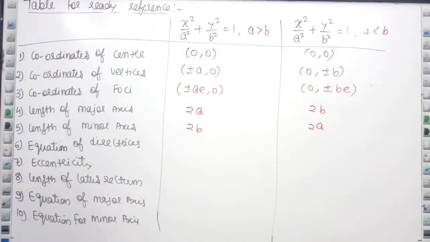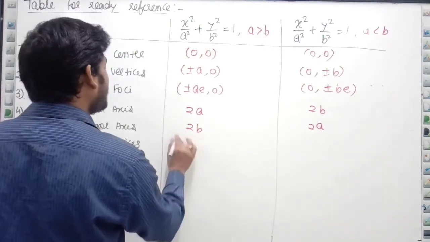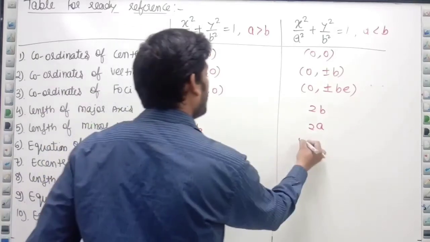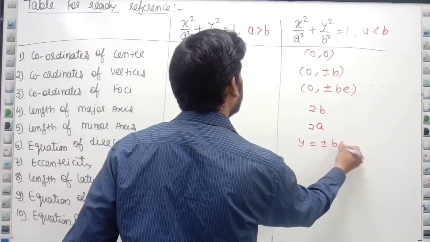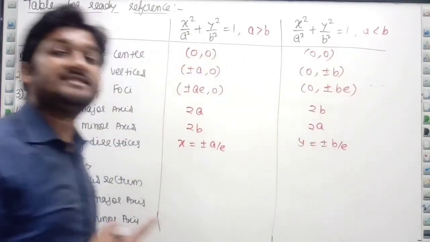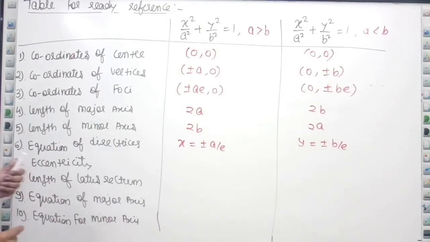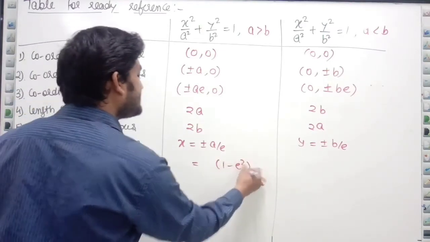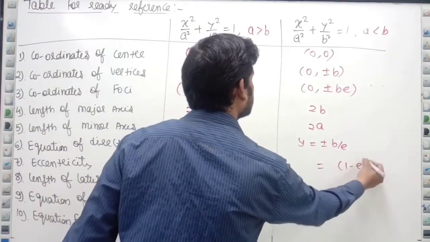Equation of directrix in the first case, x equal to plus minus a by e, and y equal to plus minus b by e in the second case when a is less than b. Now eccentricity, for eccentricity how I remember, I always write 1 minus e square on the right hand side.